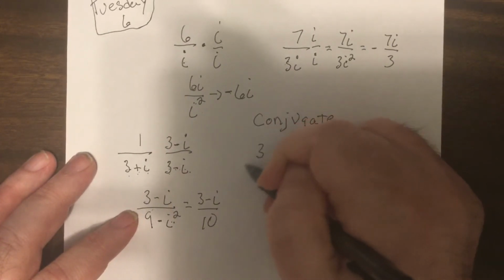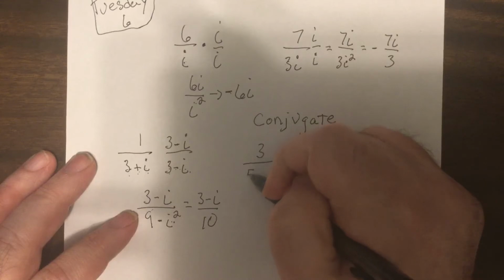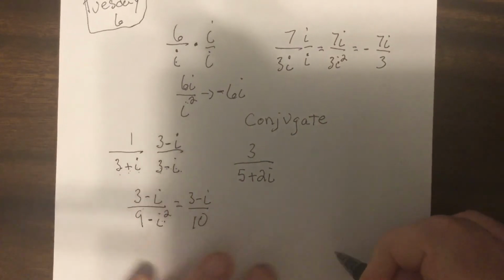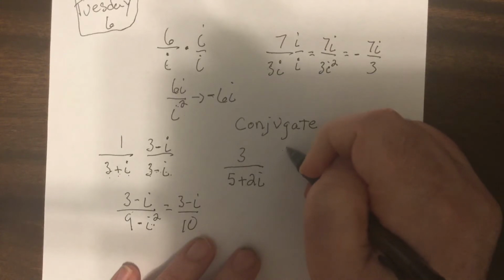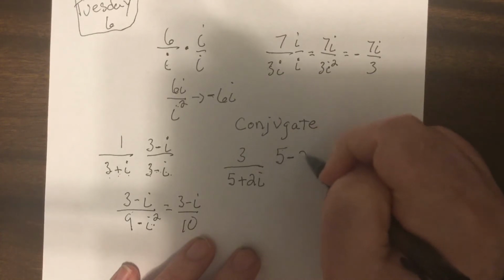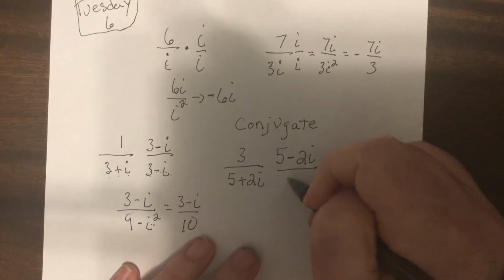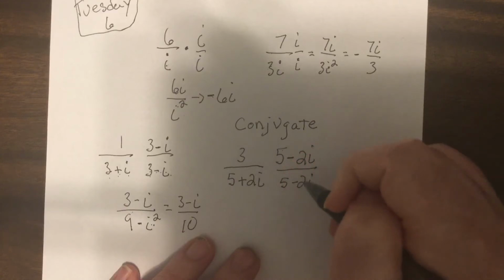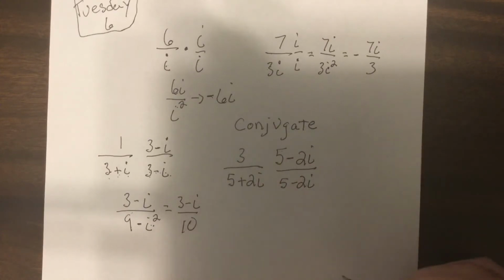So let's say I have 3 over 5 plus 2i. So I'd multiply the top and the bottom by the conjugate, which would be 5 minus 2i. So what we're doing is we're setting up the difference of squares. And when you do the difference of squares, if you remember, the middle stuff drops out.